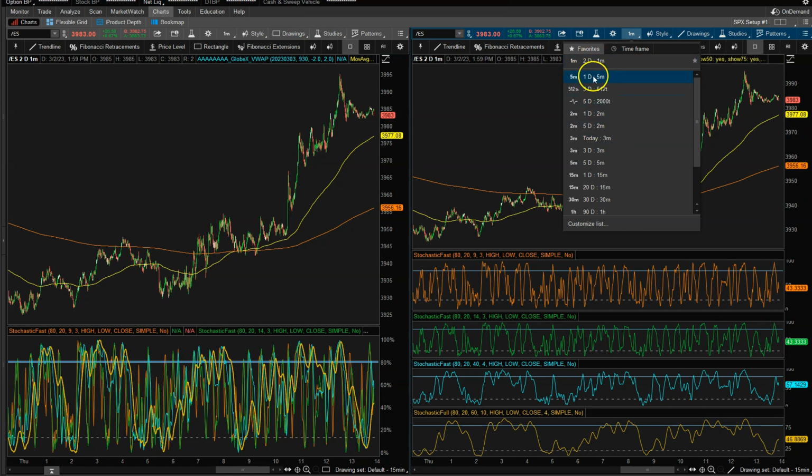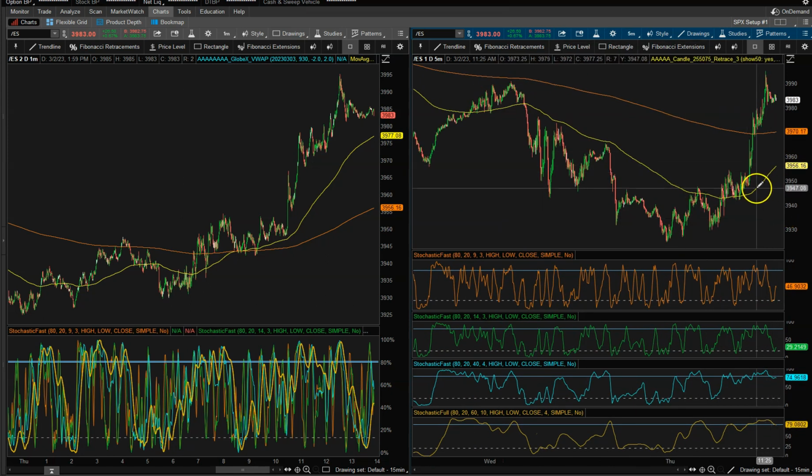If I go to a 5 minute chart, we're at 39.56, give or take, and the 200 is at 39.56, and you could see they do the same exact type of thing. I'm just on the 5 minutes, so they're not going to look the same.